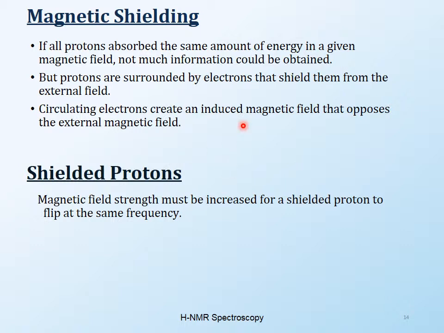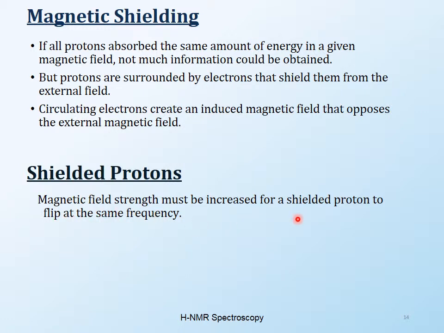So luckily for us, if you have shielding or deshielding going on, then you have protons that are at different energy levels, which means that their alignment is at different energy levels. And that's really very helpful in determining the structure of a compound. So anyhow, the magnetic field strength must be increased for a shielded proton to flip at the same frequency.